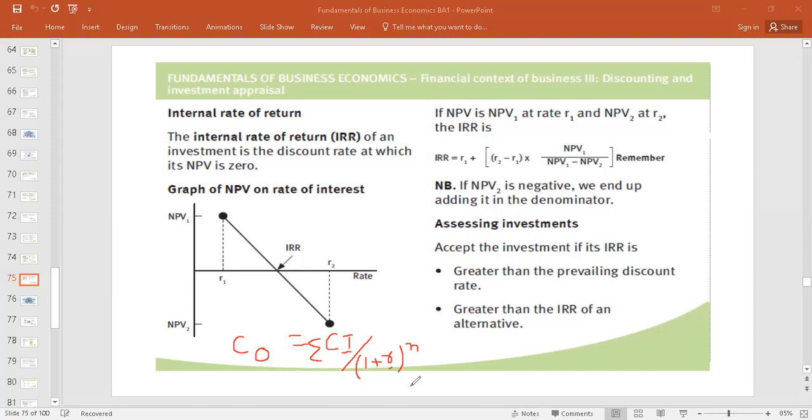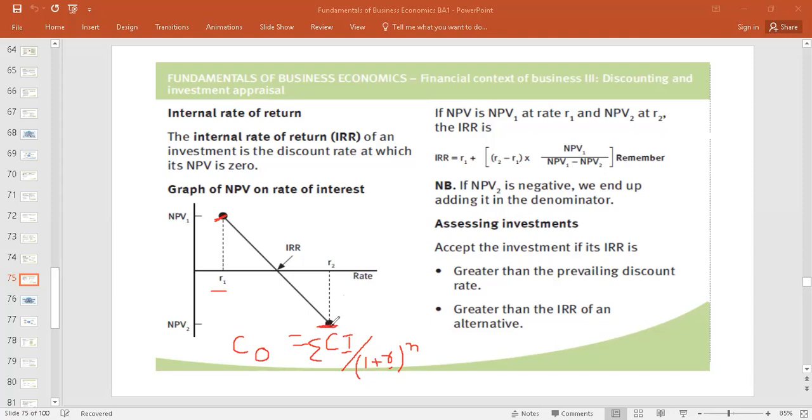Some rate is adopted, let's say R1. When the cash flows are discounted at R1, if the NPV is positive, we plot it here. Since it is not working out, we increase the rate of return, take R at a higher value, discount the cash inflows, and find the net present value. If it becomes negative, it is plotted here.